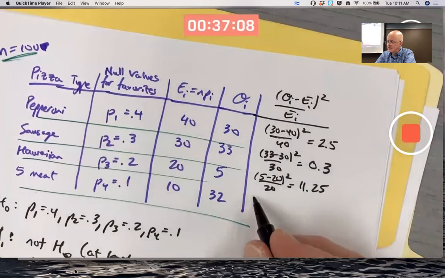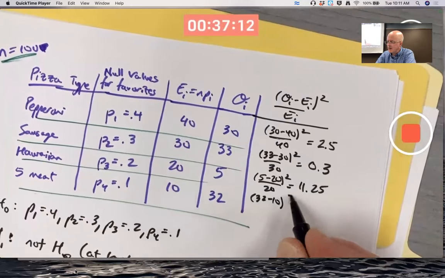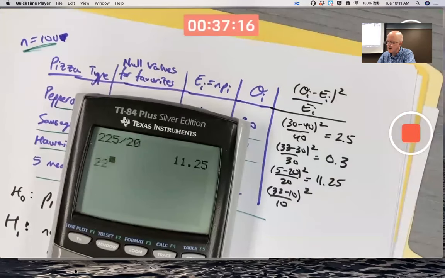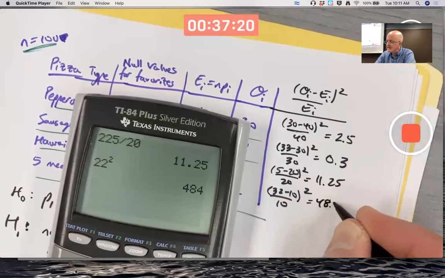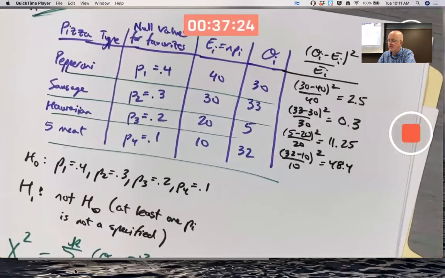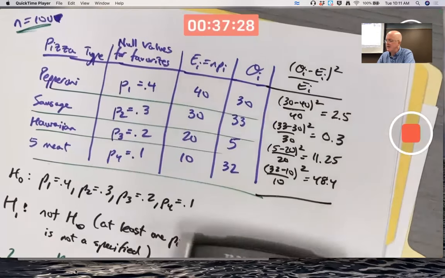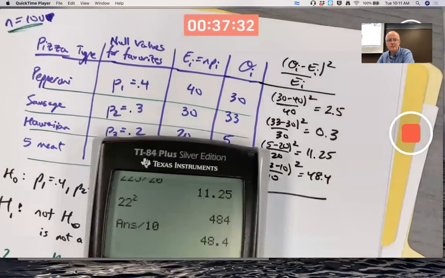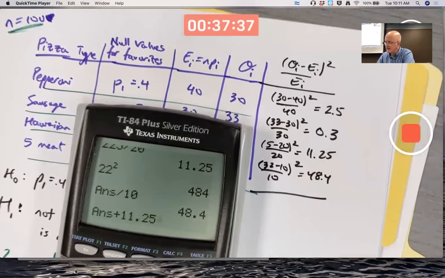And then this one's going to be extreme as well. 32 minus 10 squared over 10. 22 squared over 10 will be 48.4. So yeah, the sum of these things is going to be pretty big. We're going to get a pretty extreme observed value of chi-squared. At least it seems that way.